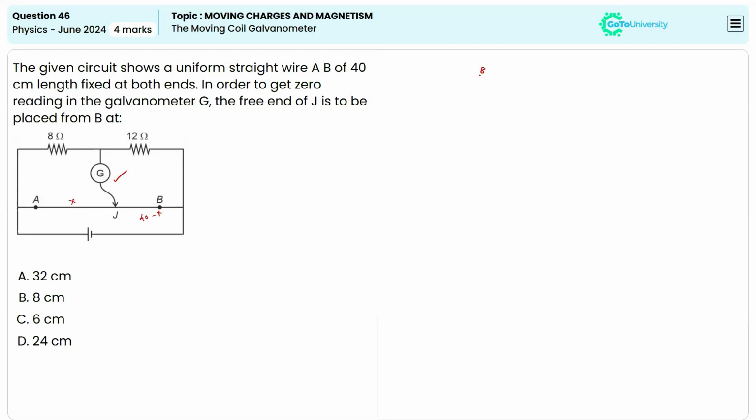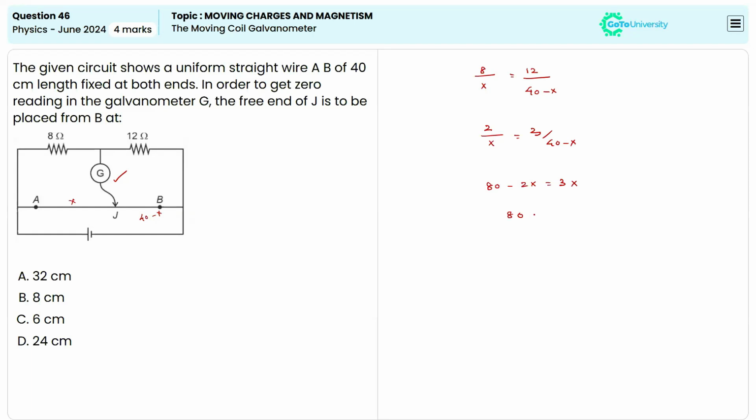So we can write 8 divided by x is equal to 12 divided by 40 minus x. Again this can be written as 2 divided by x is equal to 3 divided by 40 minus x. When we simplify this, it will be 80 minus 2x is equal to 3x.